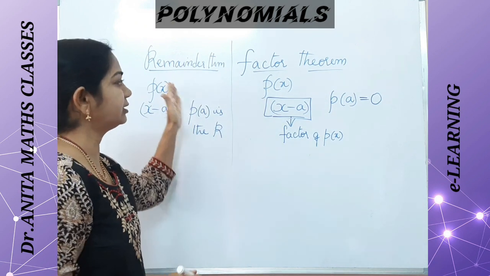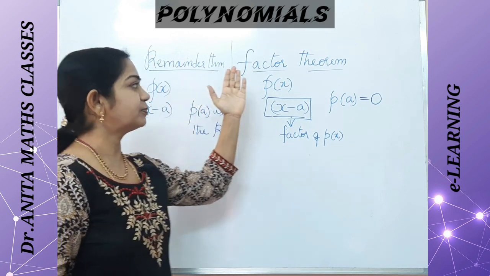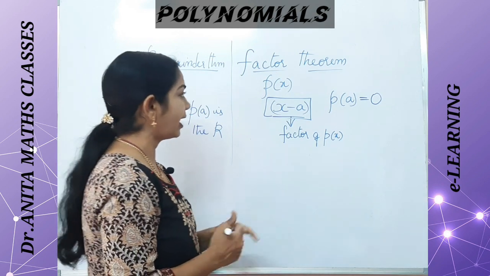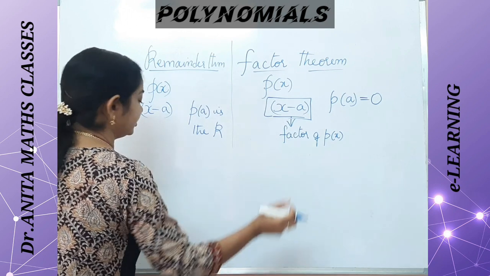We have dealt with these two theorems in the previous session also, and the problems in exercise 2.4 are based on the factor theorem. After knowing the factor theorem, there are two conditions also given here.